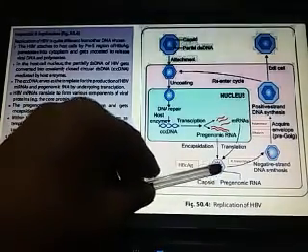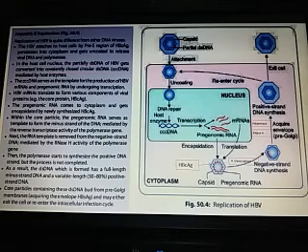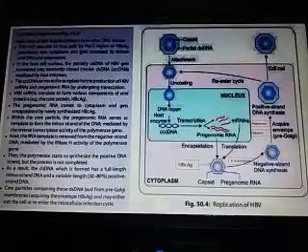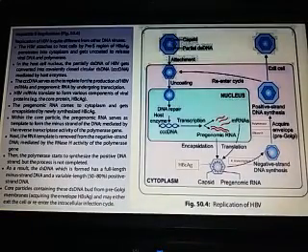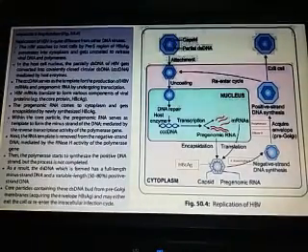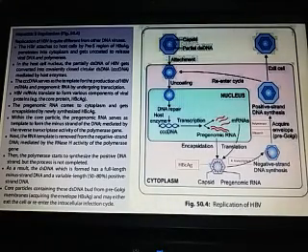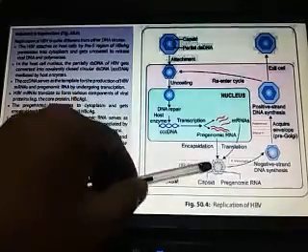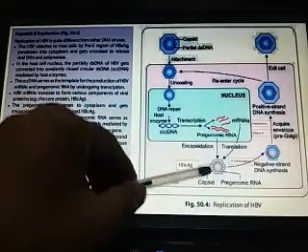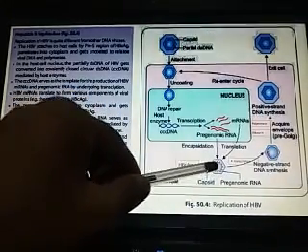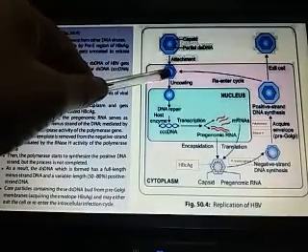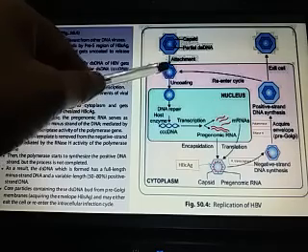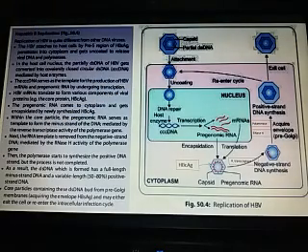I have told you that the polymerase enzyme present in the virus has multiple functions. The three main functions are reverse transcriptase, RNase H hydrolytic activity, and the third one is polymerase. These core particles have pre-genomic RNA, but the virion particles of the hepatitis B virus have partial double-stranded DNA.